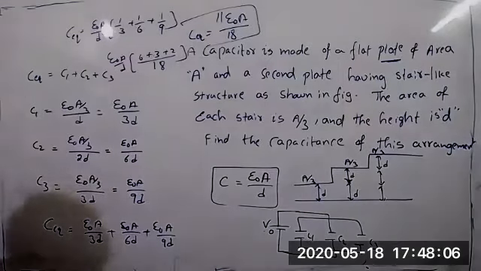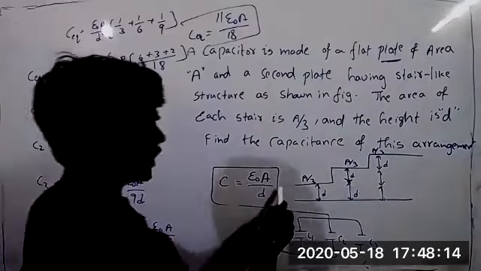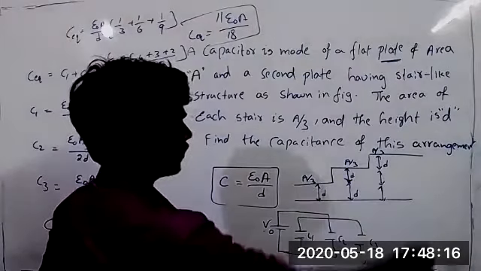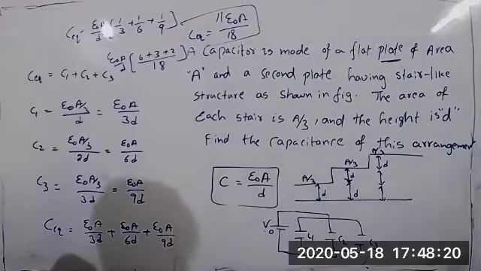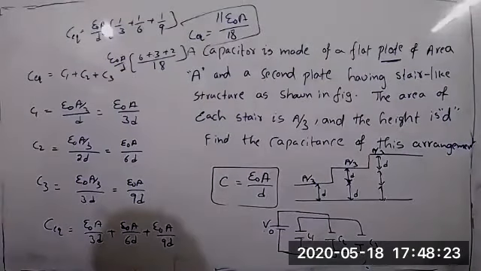Yes, sir. If that is the path, then it's a series connection, right? Yes, that is the path in series connection, but we have to take it as a parallel.